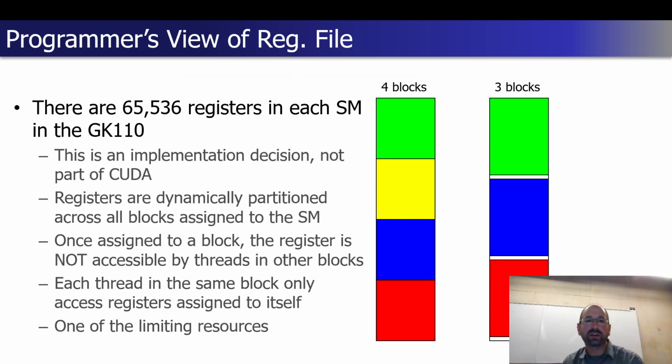And I have a slide here that is one way of having the programmer's view and visualizing what's happening in the register file. So when we say there's this many registers on that Kepler class device, that is an architectural decision that is made.